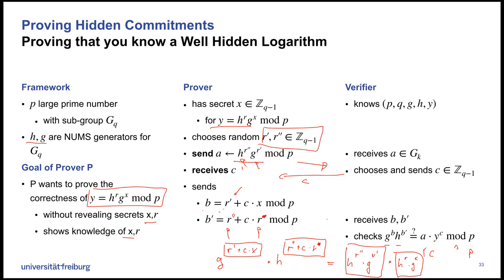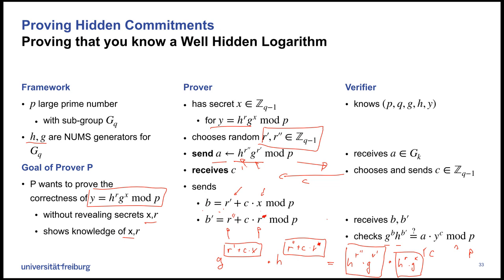We have not revealed any number because this number here is added by some random number, and the only thing that we reveal is the exponentiation of G to this random number, which should be safe because of the discrete logarithm assumption. And here we have R prime prime, and this is also hidden in this A, which is a random choice. So you get a random number which is somehow offset to the real number from this exponent here.